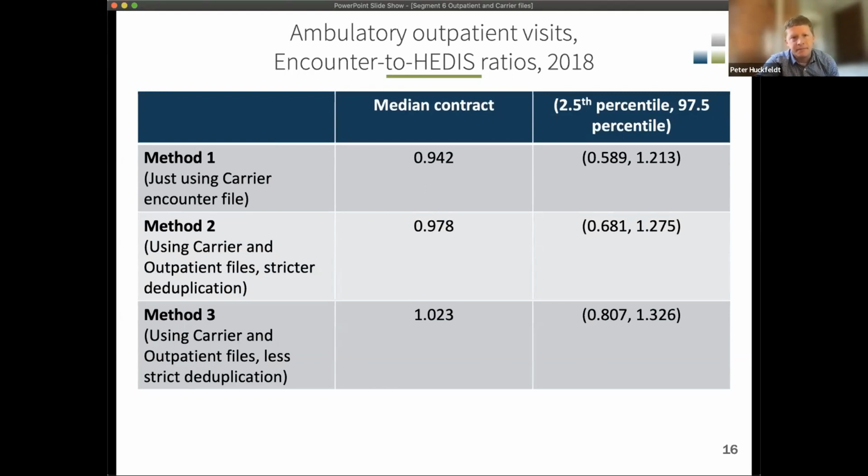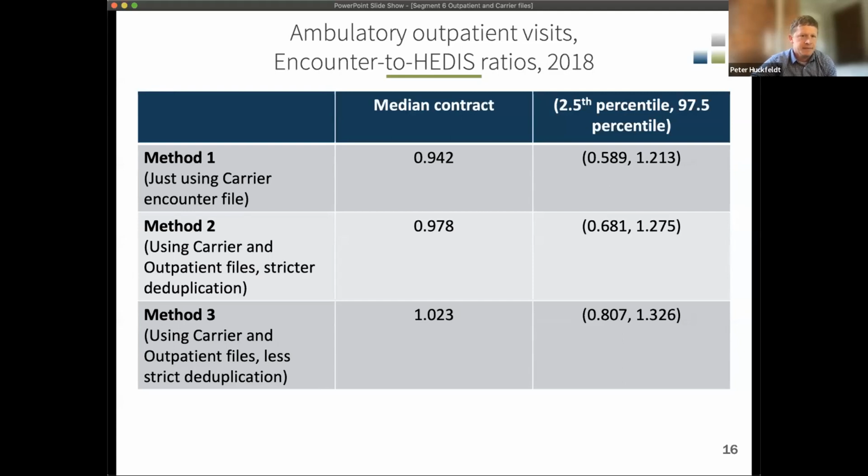To start, we're looking at the encounter to HEDIS ratios in 2018 for ambulatory outpatient visits. The first row is method 1, which just uses the carrier file to identify outpatient visits. The median contract using method 1 had a ratio of 0.942.